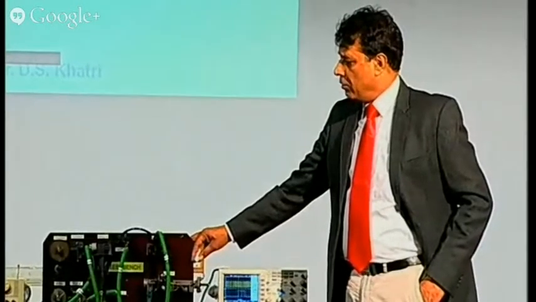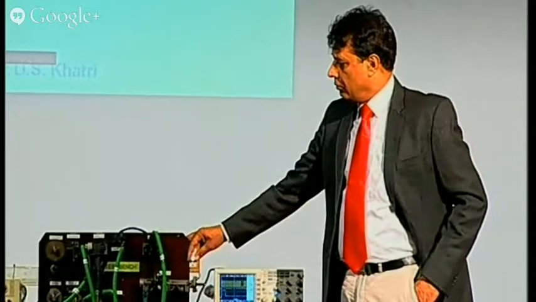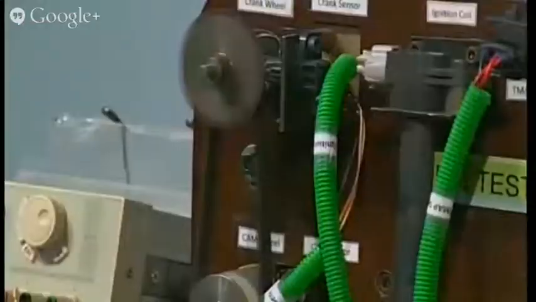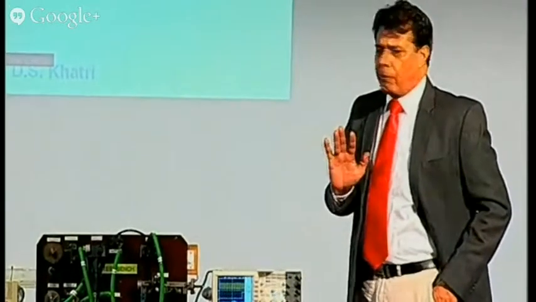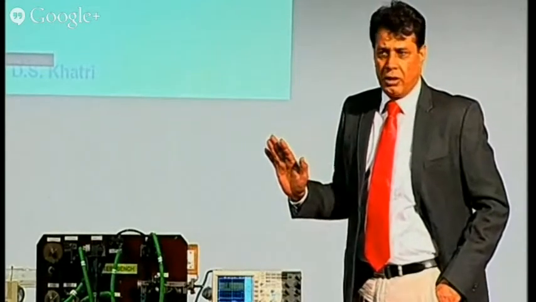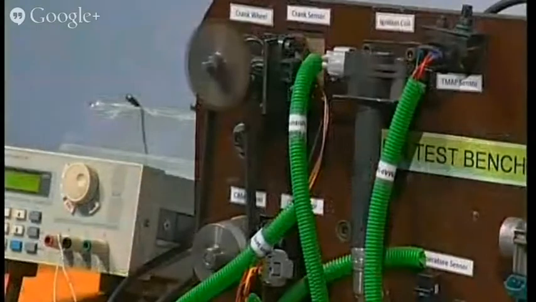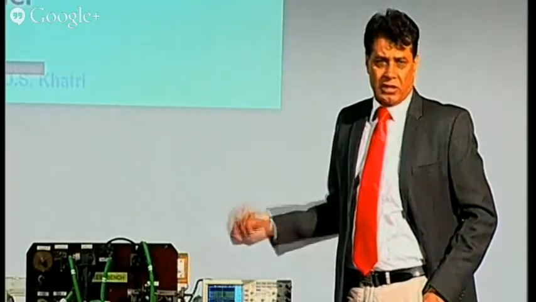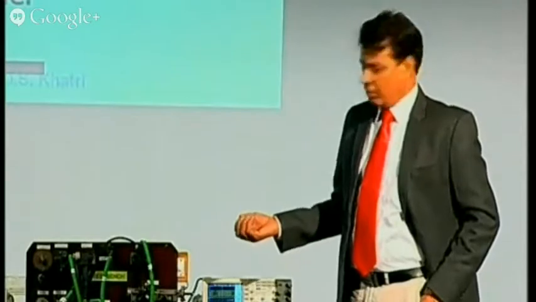Now the speed is going to be reduced. You need not fire the engine. Sitting in your lab, sitting in your studio, you can see all the real process, signaling, conditioning, and displaying of the output of the sensor.